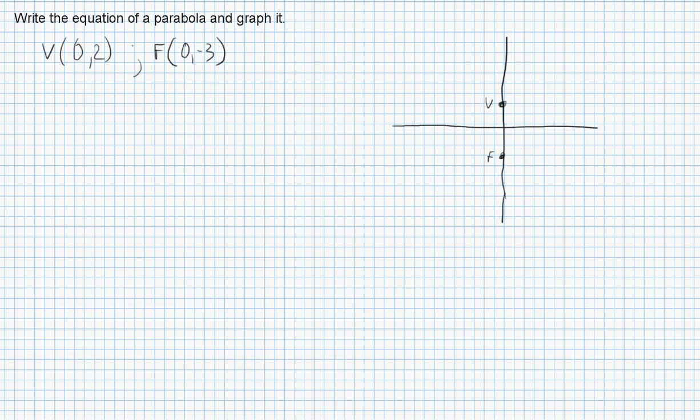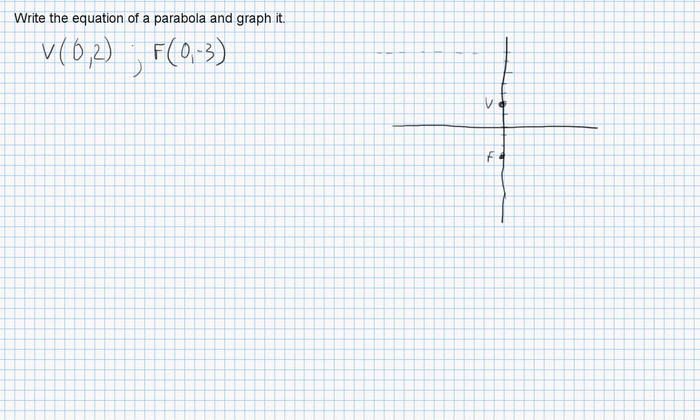Now, the directrix is at the same distance above the vertex in this parabola as the focal point is below. The focus is 1, 2, 3, 4, 5 units below, so the directrix is going to be 5 units above.